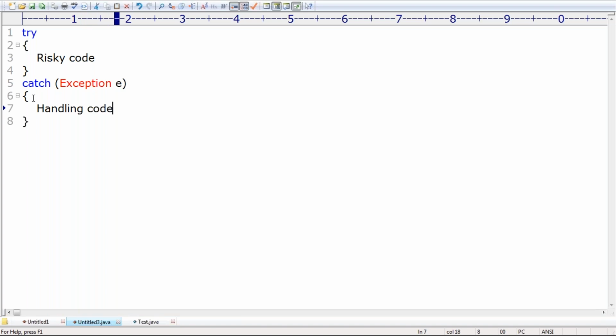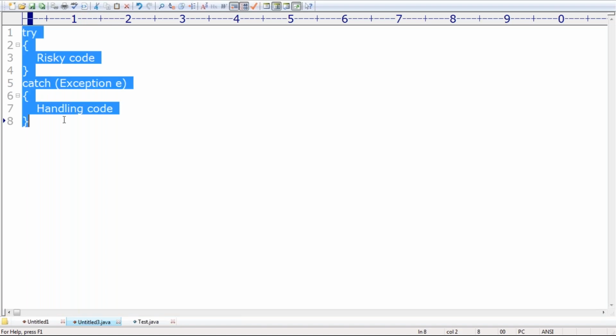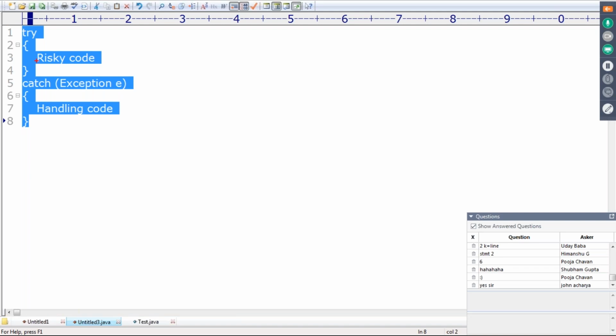Are you getting it? Everyone can understand, right? So in the try block, we write risky code. The corresponding handling code we write inside a catch block. If an exception is raised, the program is not going to terminate abnormally. Immediately the control comes to the catch block, executes this alternative code, and continues the remaining things properly.